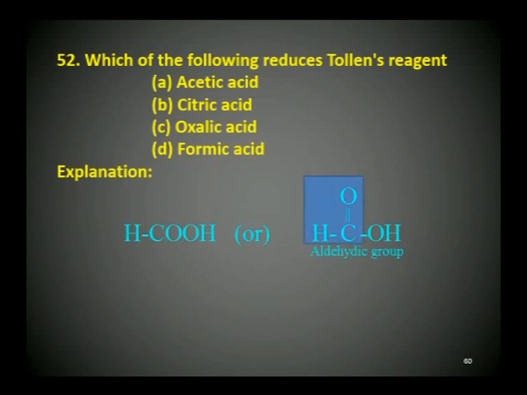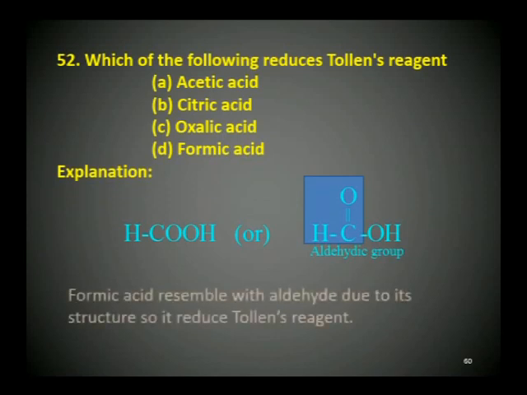So in the box you can see H-C double bond O. Generally an aldehydic functional group is CHO, which will be represented like this, H-C double bond O. Due to the presence of this aldehydic functional group, formic acid will show the reaction with Tollens reagent. That is, when formic acid is treated with Tollens reagent, we can see that a silver mirror is produced. So the correct answer is option D.